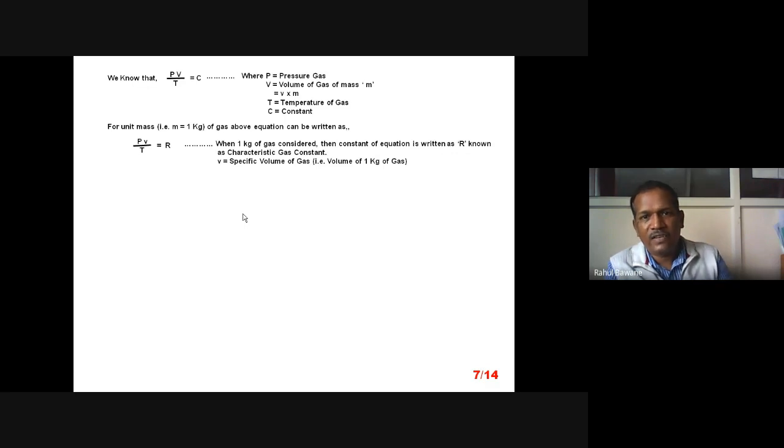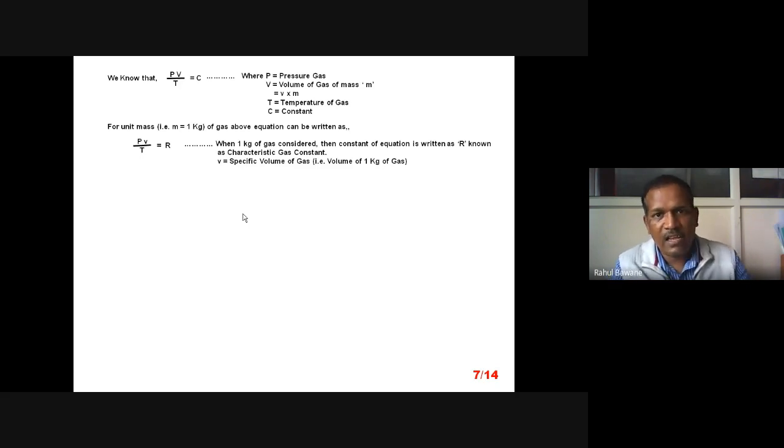When 1 kg of gas is considered, the constant of the equation, that capital C, is written as R and known as a characteristic gas constant. Whenever we use the characteristic gas constant, remember that in PVT, V stands for specific volume, volume per unit mass.